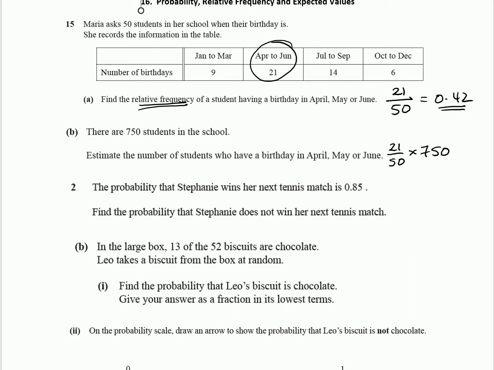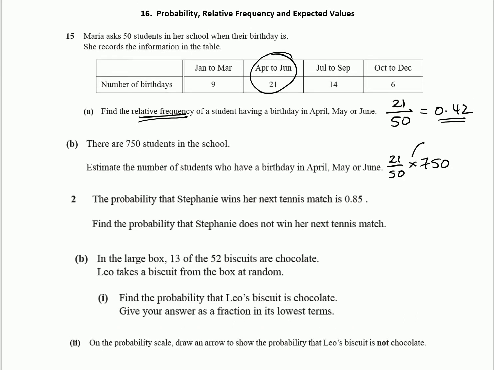Remember that a probability says I would expect, in this case, 21/50ths of the time to find a student with that birthday. 21/50ths of 750 times in this case. Remember in maths, the word of means multiply, and that's why I'm timesing them together. So I'm going to take that, multiply by 750, and I'm going to get an answer of 315 students estimated to have a birthday in those months.